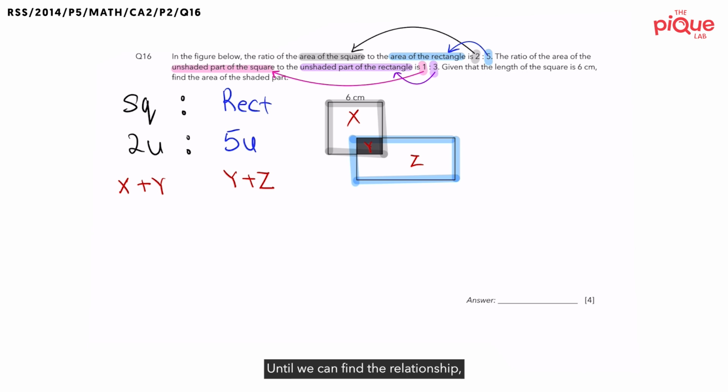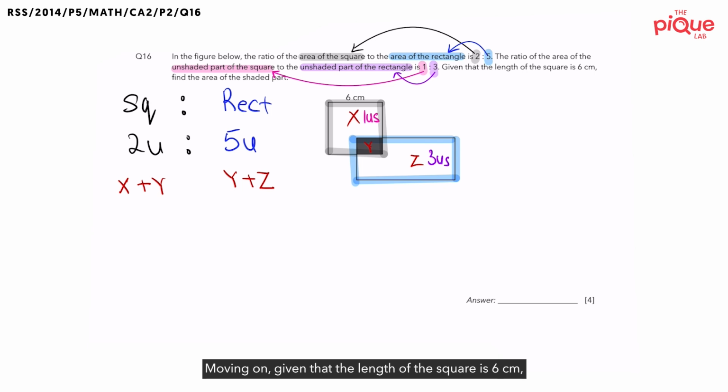Until we can find the relationship, let's call this number 1 as 1 US, US being unshaded. We can definitely use other symbols or letters to represent, and I will leave this entirely up to you. So what shall we call the unshaded part of the rectangle then? Bingo! We shall call it 3 US. We have noted 1 US under the letter X and 3 US under the letter Z in our working.